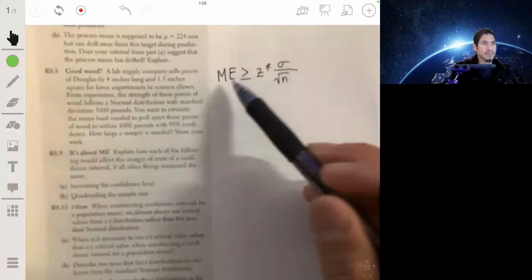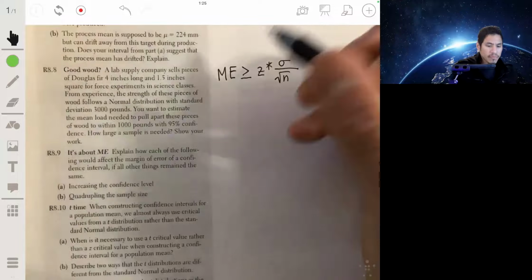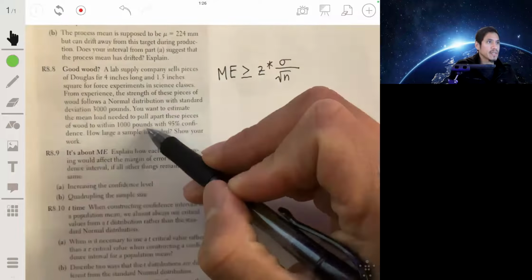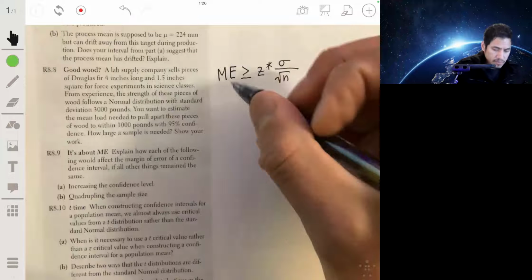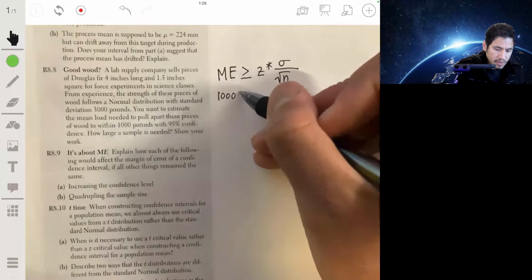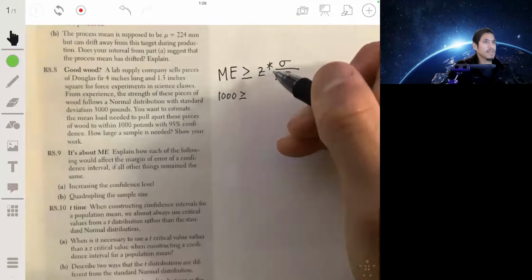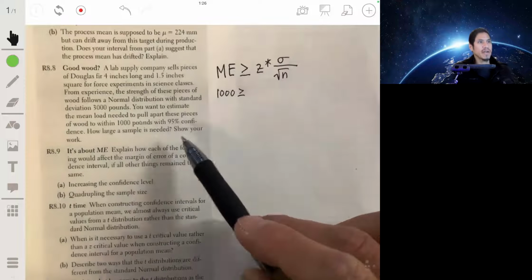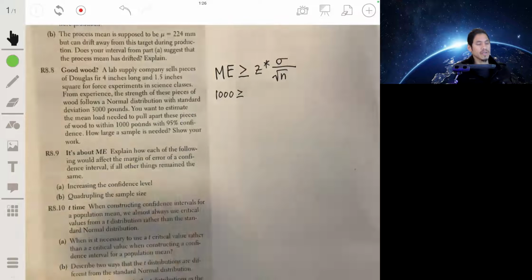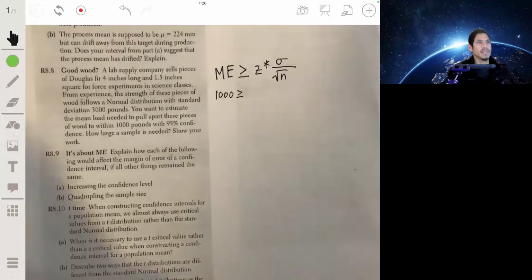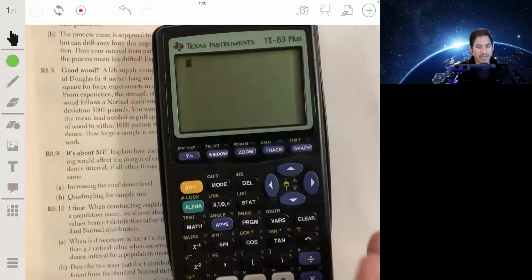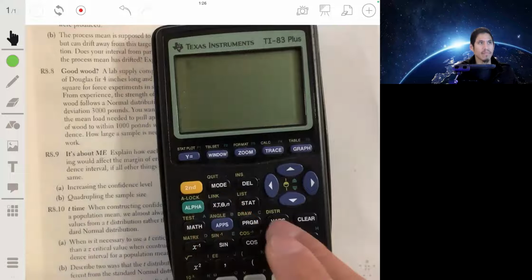So we just replace our margin of error with what we're told here, and it says 1,000. So we're going to have 1,000 is greater than or equal to z star, and since we're looking at a 95% confidence interval, we're looking for the z star with 2.5% to each side of it. And again, this is a very common one that you probably already have memorized.